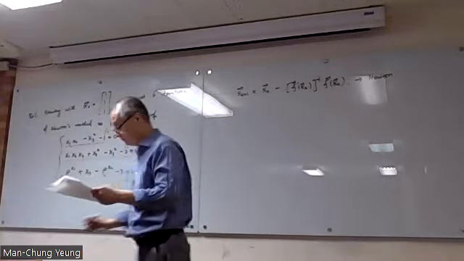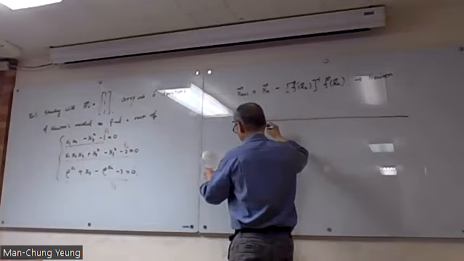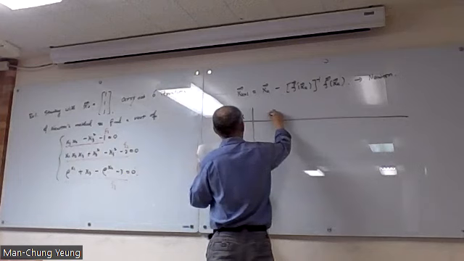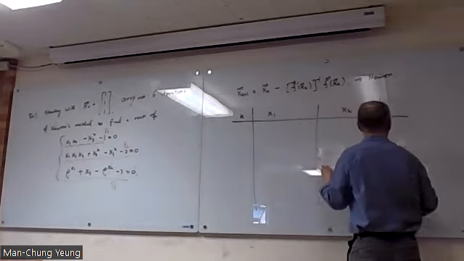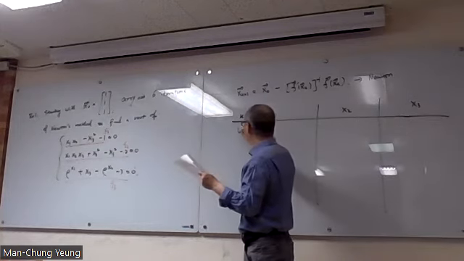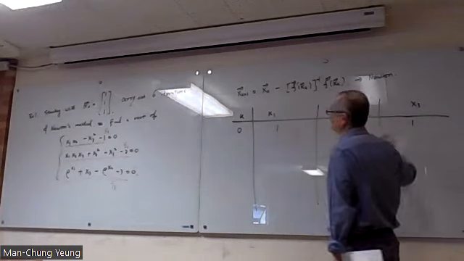Table: x1, x2, x3. K is 0, the initial guess, of course, is 1, 1, 1.